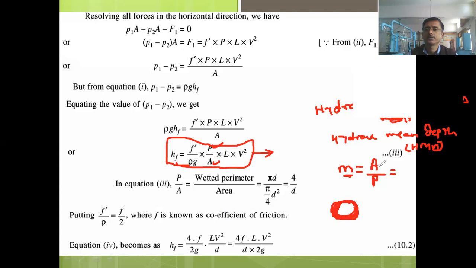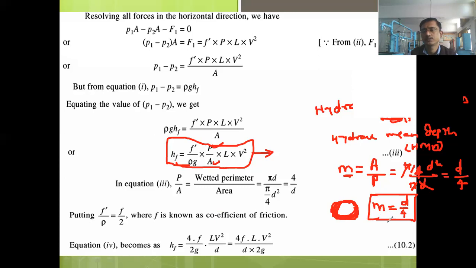Here the area of the pipe is pi by 4 into d square, and the perimeter or circumference of the surface is pi into d. So pi will get cancelled, one d will cancel, and you will get d by 4. So this hydraulic mean depth or hydraulic radius is d by 4.